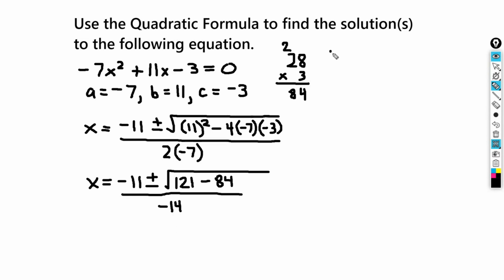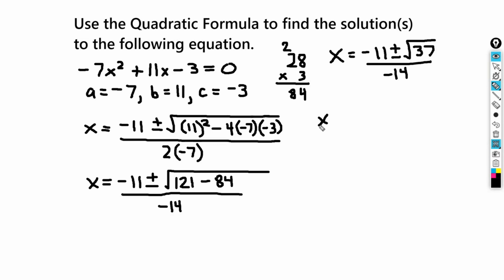All right, so if we go up here, continue to simplify, we get x equals negative 11 plus or minus, well, 121 minus 84 is 37. So square root of 37, that one we really can't simplify that much, over negative 14. Now we have a negative over a negative, so really we could just say 11 over 14. And technically it would be minus plus, but plus minus, minus plus, whatever.